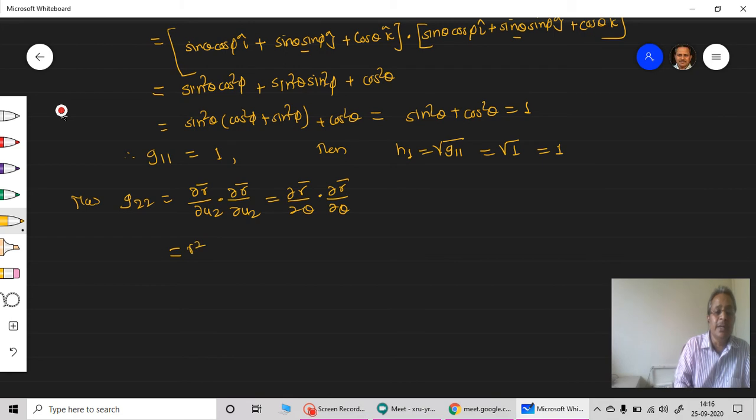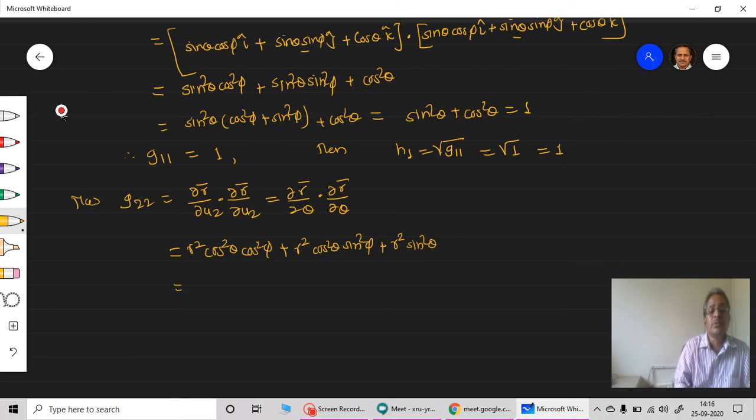I am directly writing here; you can try this product yourself. This is r square cos square theta into cos square phi, my first term, plus the second term is r square into cos square theta sin square phi. I don't know how many of you have calculated this. Try to calculate this. Plus the last term comes to be r square into sin square theta.